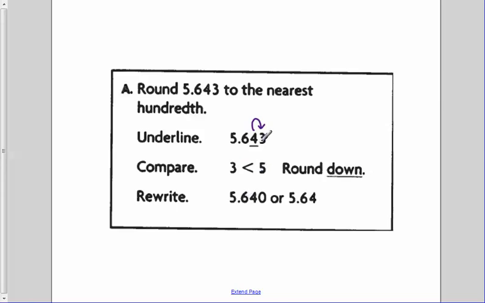So changing that 3 to a 0, we have 5 and 640 thousandths. But since it's a trailing 0 to the right of the decimal point, the value of the number doesn't change. So we could write it as 5 and 640 thousandths, or we could write it as 5 and 64 hundredths. The value of it stays the same.